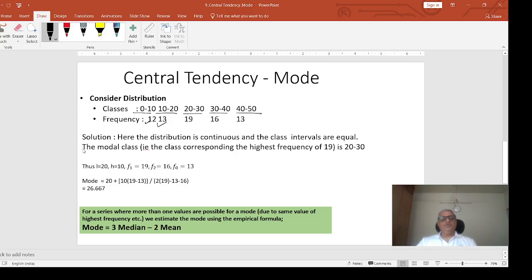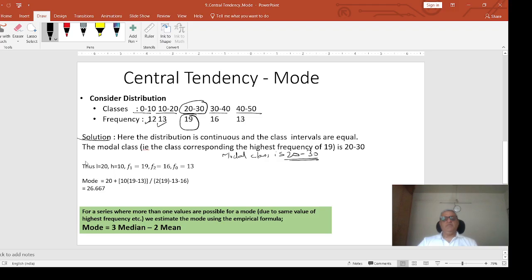Now all that we have to do is find the maximum frequency. My maximum frequency is 19, so 20 to 30 becomes my modal class.